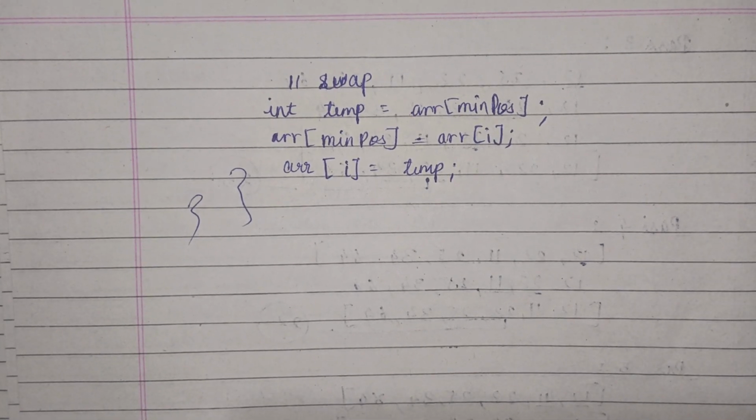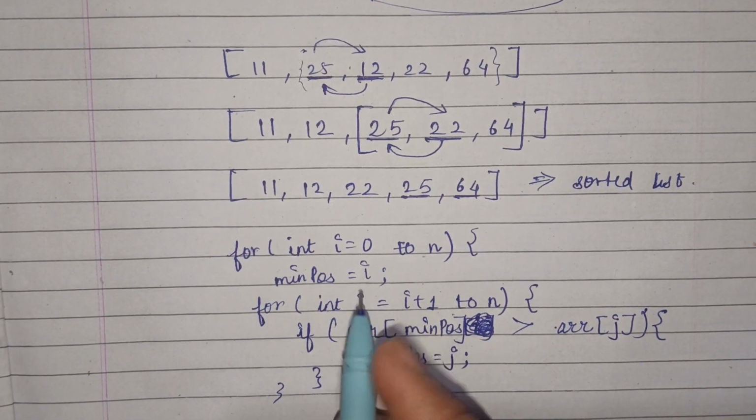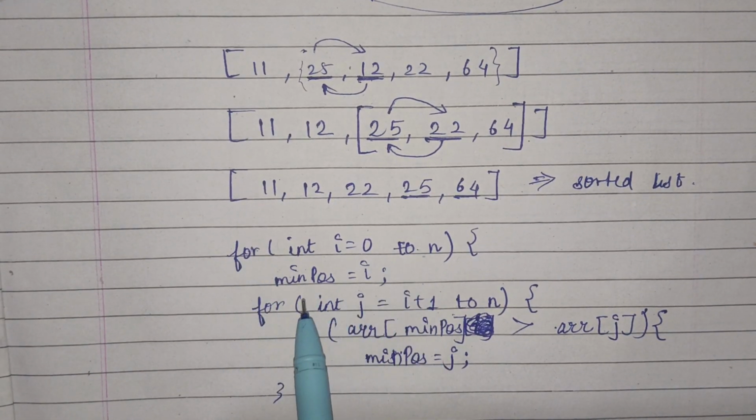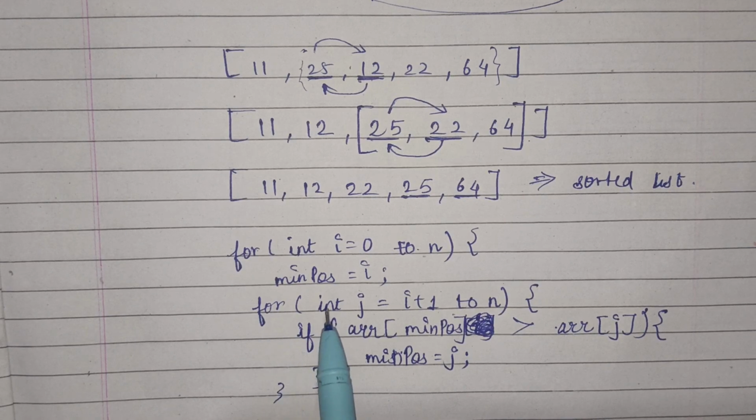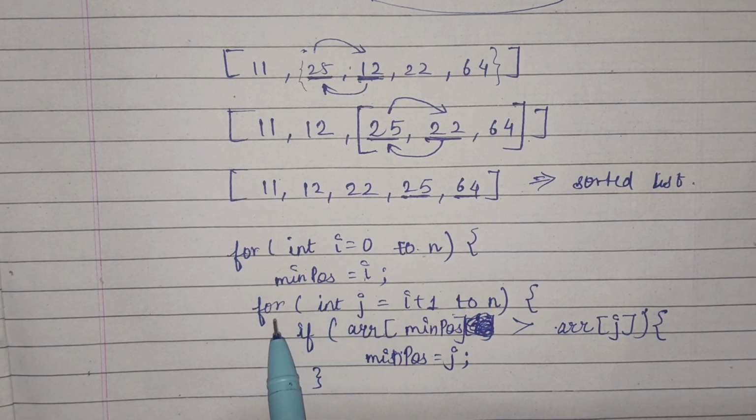So first we run a loop. Then we take a variable min position and initialize it with i. Then we run another loop, j equal to i plus 1 to n.